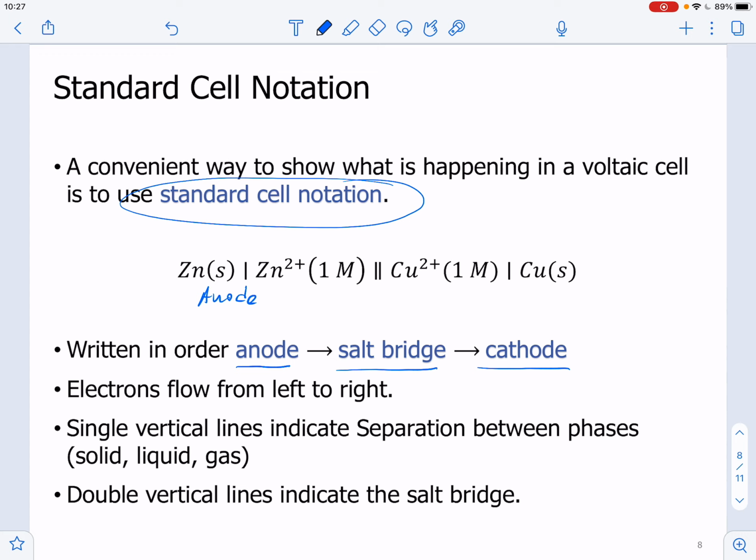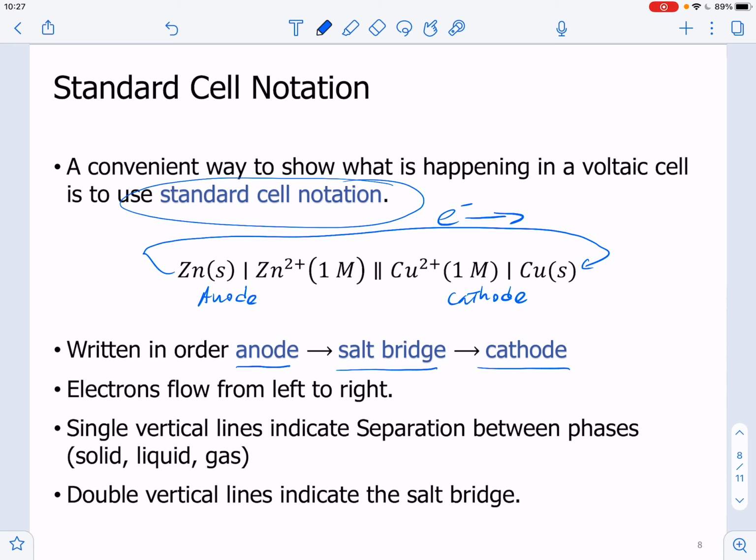Remember, the oxidation is happening in the anode, so it's the negative electrode, and this is the cathode, the one where the electrons are going to go. So the flow of electrons is in this direction.